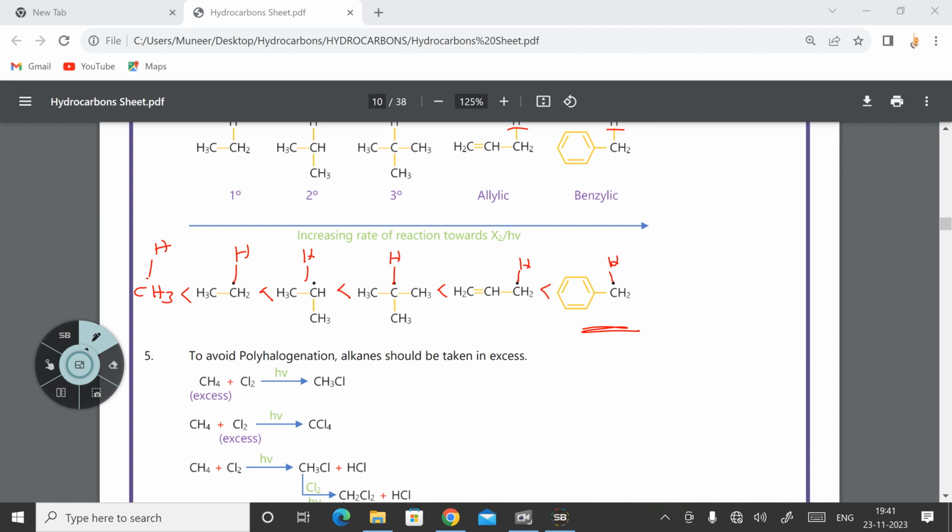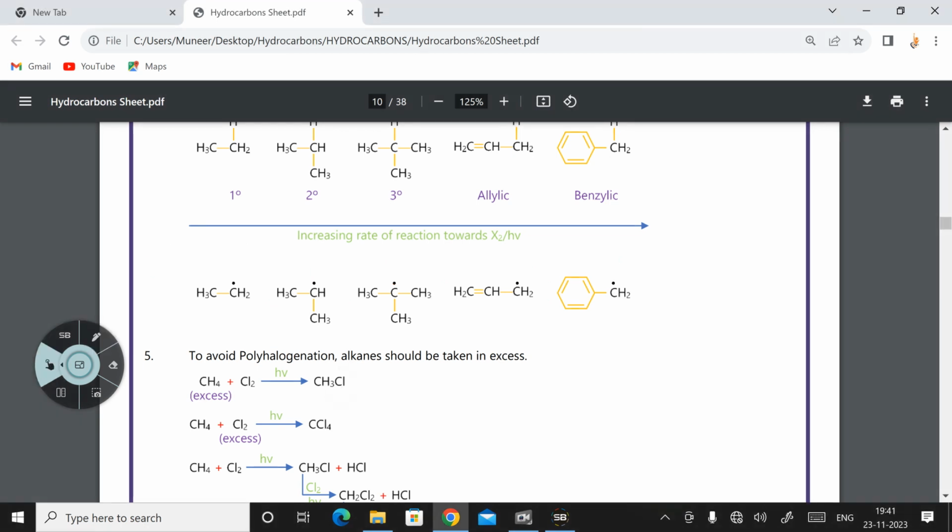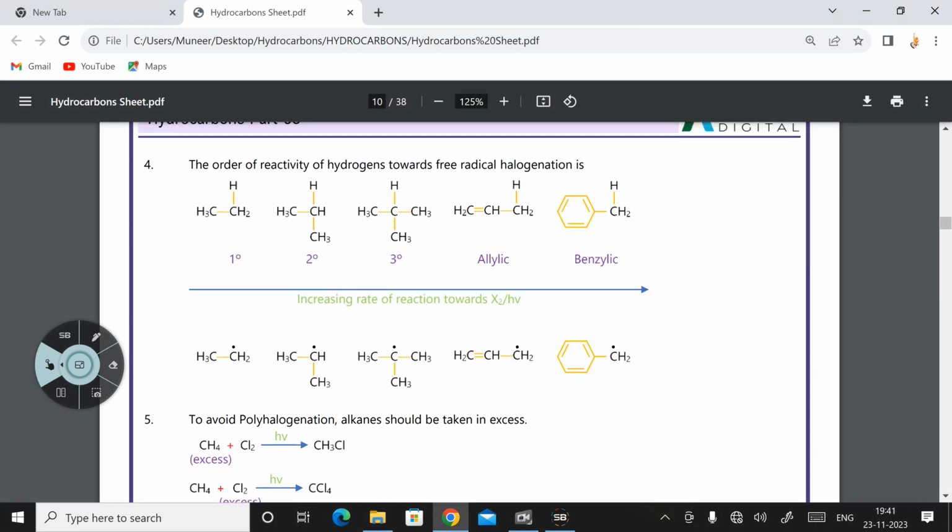That is why it can lose one hydrogen and be replaced by a chlorine atom. This is more stable, so it gets replaced quickly. Okay, like that. This is very important. So primary, secondary, tertiary, allylic, benzylic: increasing rate of reaction towards X2. Rate is directly proportional to stability.